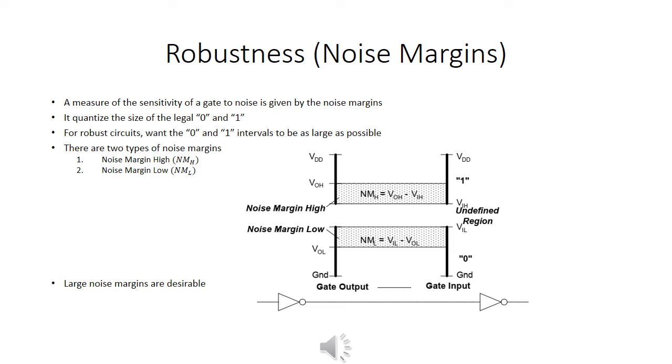There are two types of noise margins: noise margin low and noise margin high. Noise margin low refers to the zero level, and it is calculated as VIL minus VOL as shown in the figure. Noise margin high refers to the logic level 1, and it is calculated as VOH minus VIH.